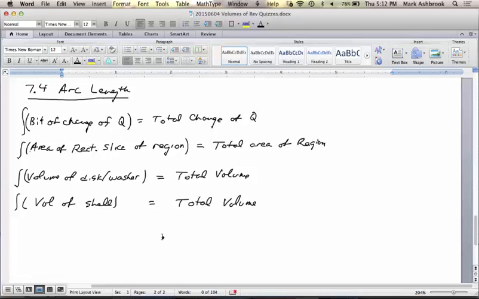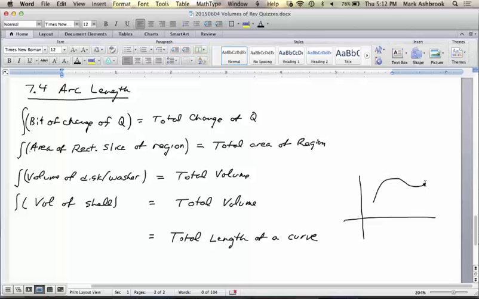So now if we want to find the length of a curve, for instance, say this is some y equals f of x, some function.